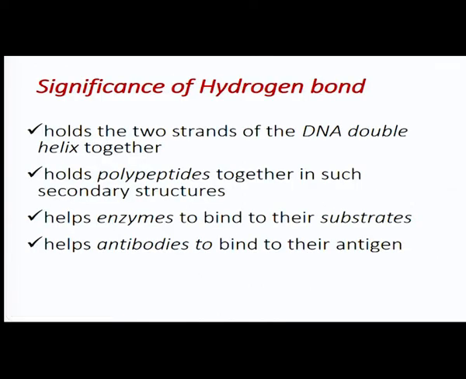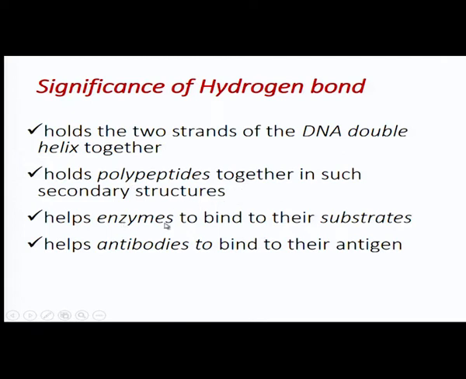Now, what is the significance of a hydrogen bond? It holds 2 strands of the deoxyribonucleic acid double helix together, because whenever a molecule or a structure is there, it has to have stability. That stability is given by the intramolecular hydrogen bond. Hydrogen bond holds polypeptides together in secondary structures.